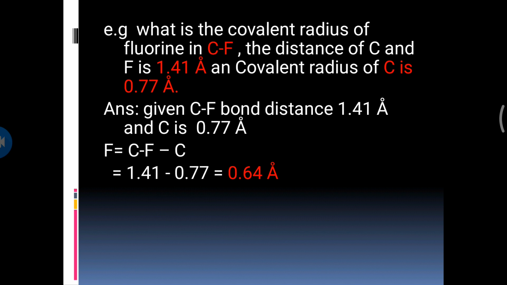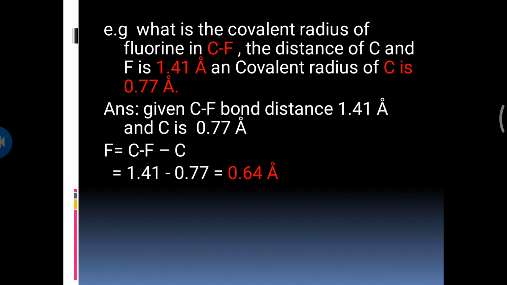The carbon fluorine bond distance is 1.4 angstrom and the covalent radius of carbon is 0.77 angstrom.